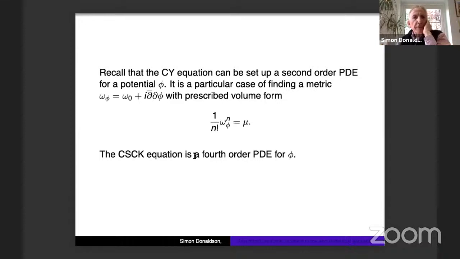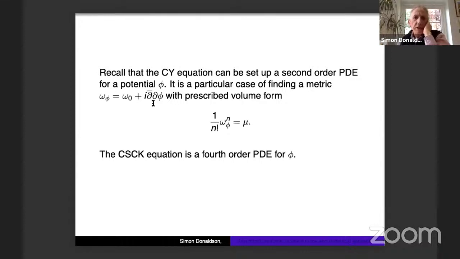So just to recall what these equations are, the Calabi-Yau equation can be set up as a second order nonlinear PDE for a Kahler potential phi. That's to say, in terms of some reference metric, we describe any other Kahler metric in the same class in terms of a Kahler potential.